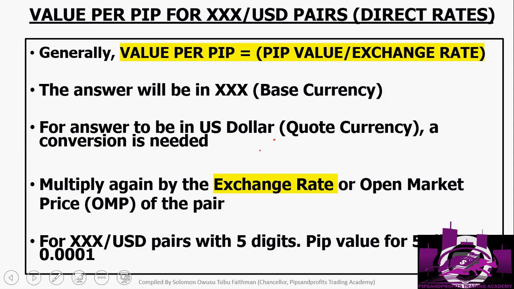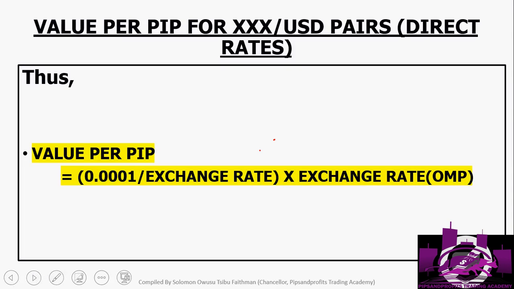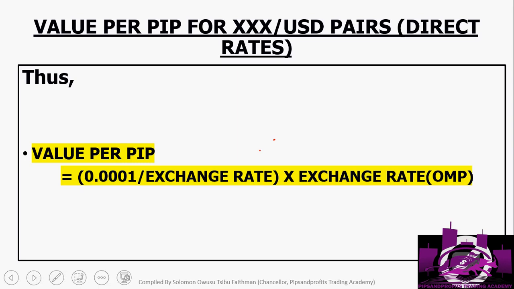Okay, now this is what you need to write. When we put everything together, from here, this is what I expect you to write. So value per pip for pairs like this, this is the formula. We are going to have our value per pip to be 0.00001, and that is our pip value.